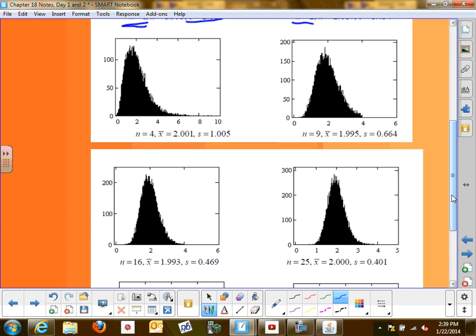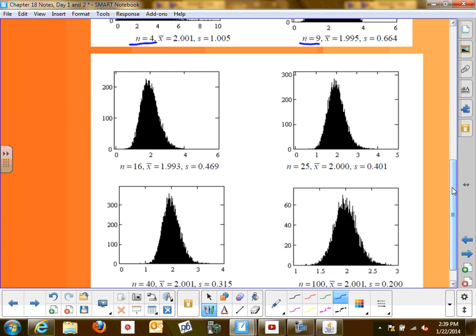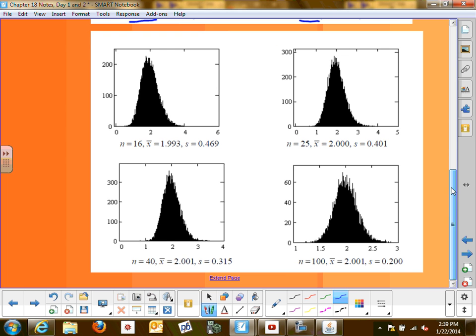As we drop down samples of size 4, it's now becoming less skewed. Samples of size 9, 16, 25, 40, and 100. Okay. That's what we just talked about. Central limit theorem says as your samples get larger, your data will behave more normally.